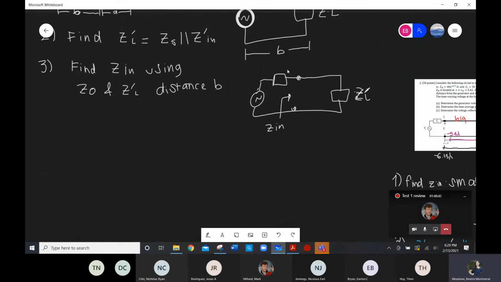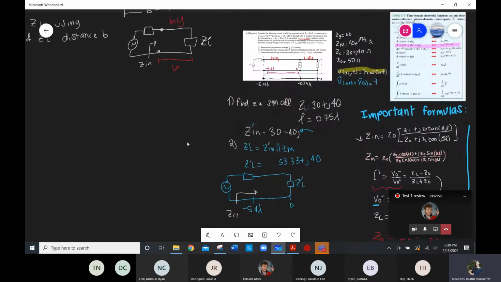We find Zin of the big transmission line. This is now big, and my distance is now D, okay? So, what does it say here? I'm using C now, which remains the same, and now C prime L, which is what we just found.